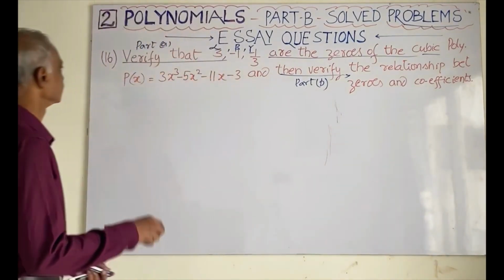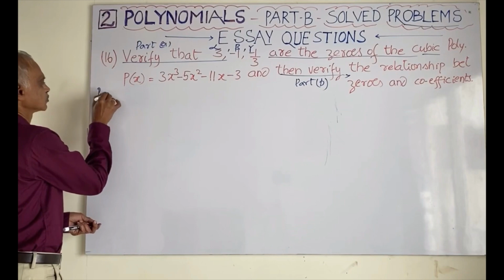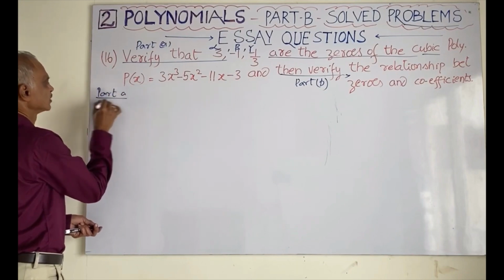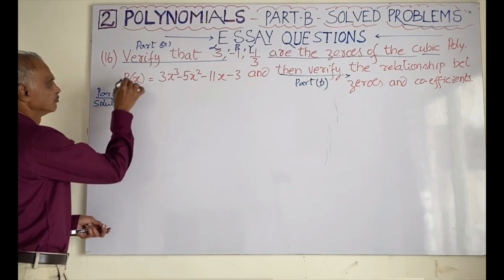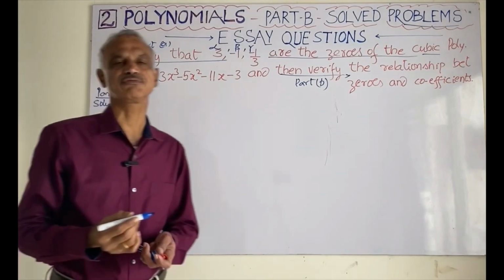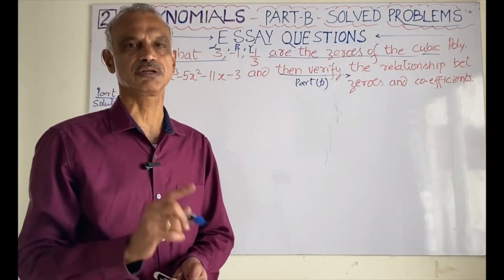Now we will take part A. Solution to part A. Now we have to verify that 3, minus 1, minus 1 by 3 are the zeros of the polynomial.